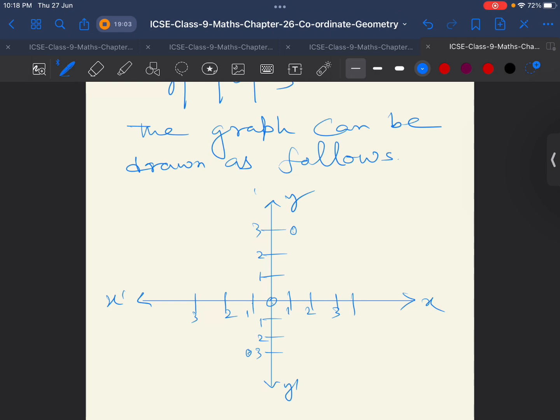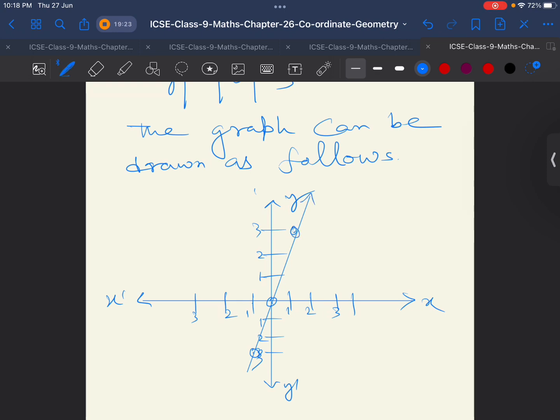So now we draw a straight line. This is the straight line.